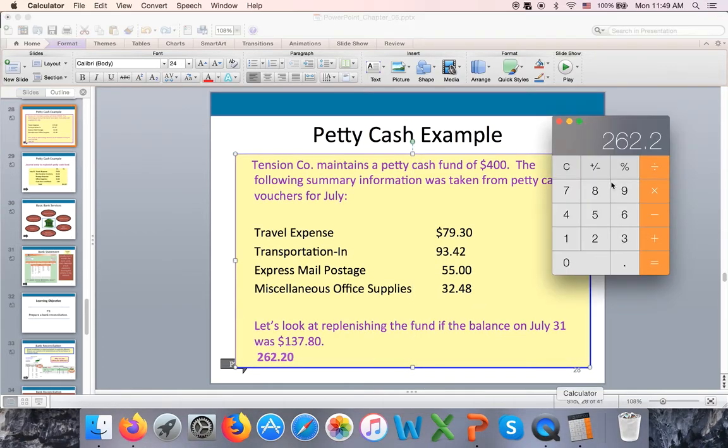Let's double check and make sure that what we spent was actually $262.20. Let me add all of these amounts from the summary, from the vouchers: $79.30 plus $93.42 plus $55 plus $32.48.